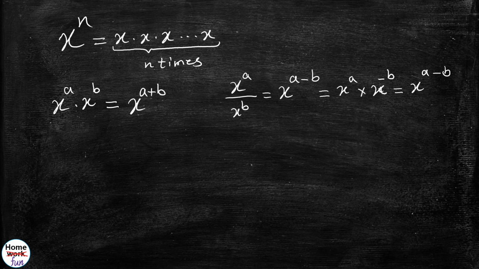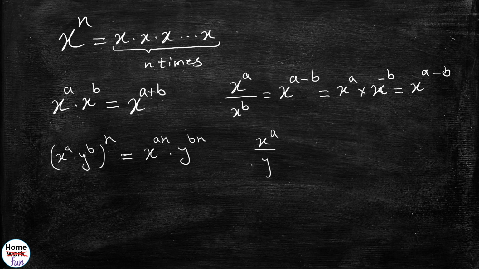If stuff in a parenthesis, like x to the power of a times y to the power of b, is raised to a certain power, that power influences all of those terms inside. So it becomes x to the power of an times y to the power of bn. You can reciprocate a fraction, x to the power of a over y to the power of b.